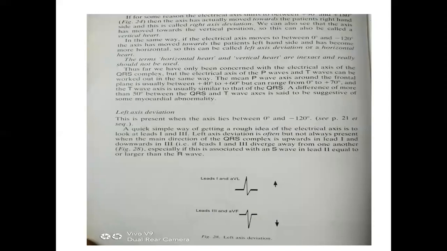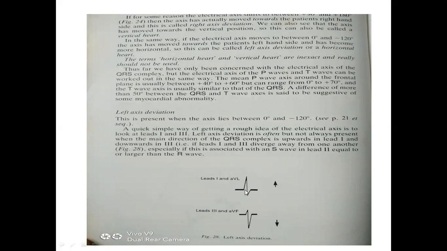Now you can see this lead 1. Can you see the upper deflection called the R wave? Correct? And the downward deflection is called the S wave. On the graph paper, you count in millimeters.